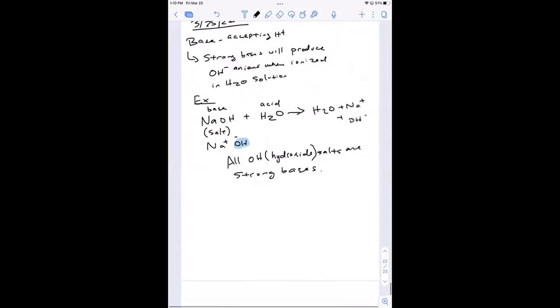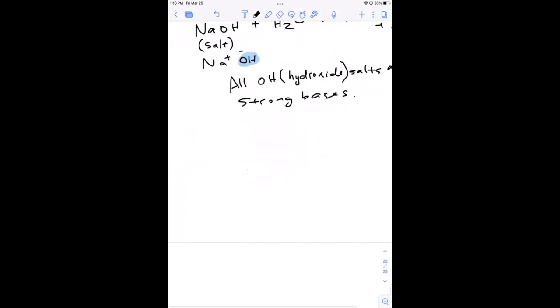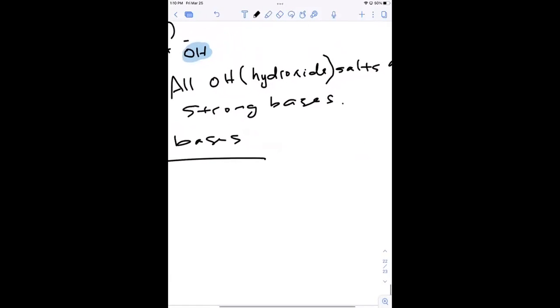And so when you think about what a weak base is compared to a strong base, they do not fully ionize. They still produce the hydroxide anion in the product, but they only partially dissociate.